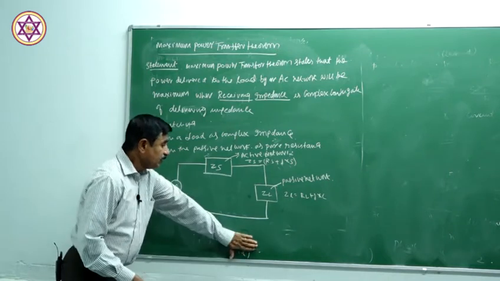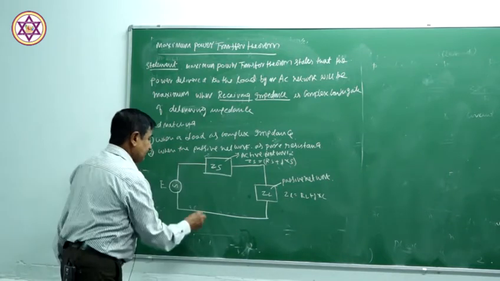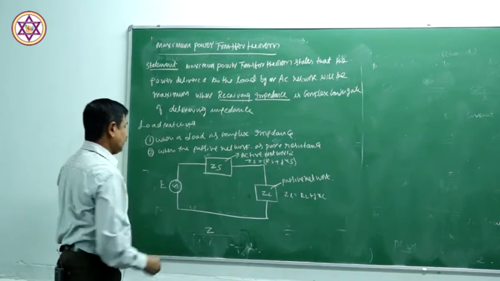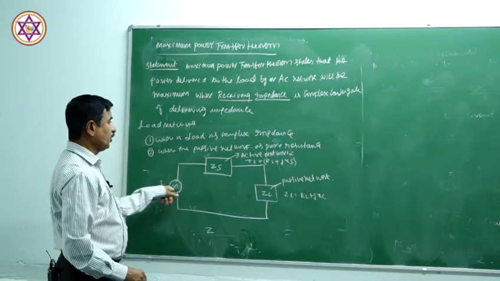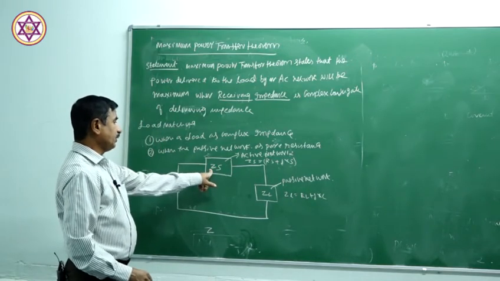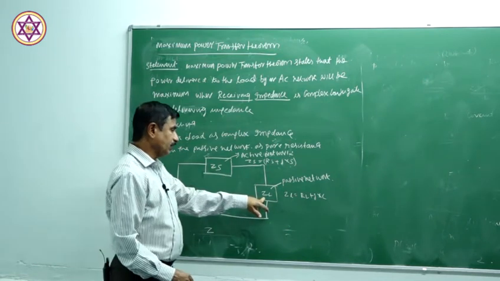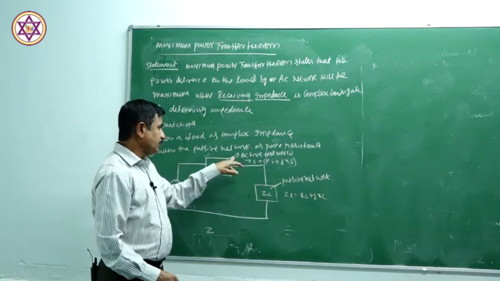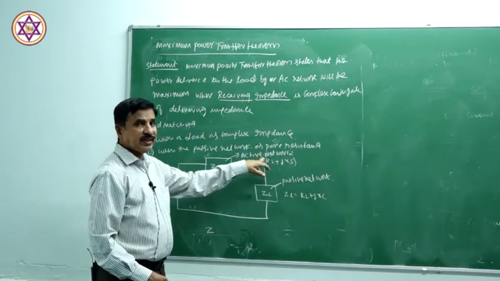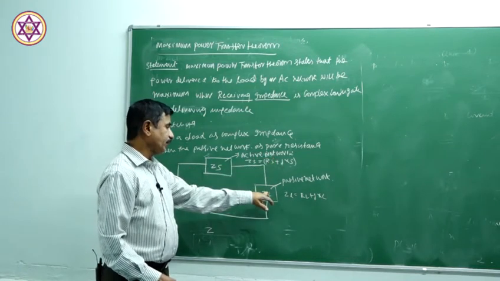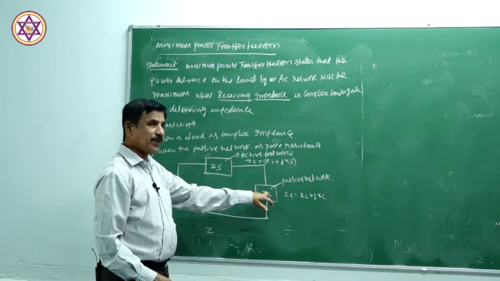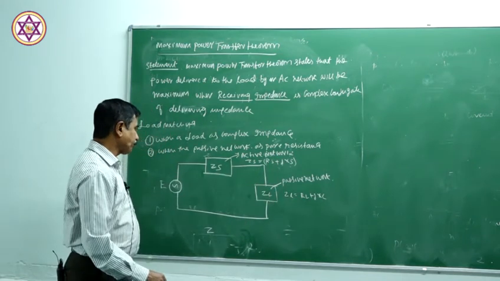Here, look at the circuit: you have a source with its impedance ZS, and this is the load. This part is called the active network, and this one is called the passive network.